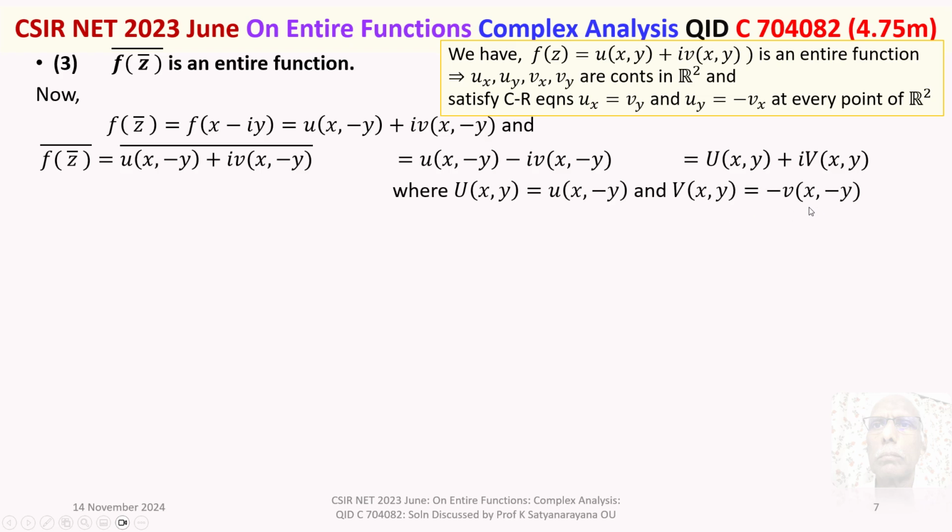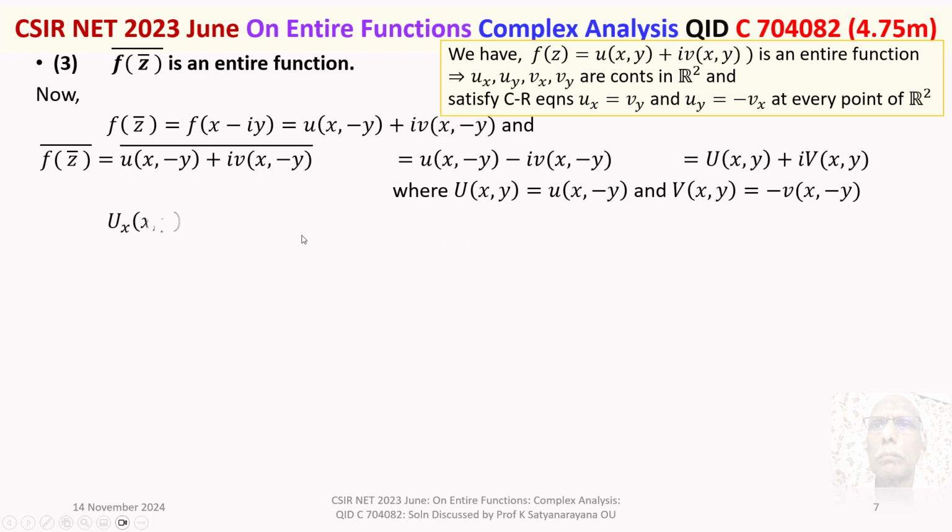Keep this in mind. Agreed. To show that the conjugate of f of z bar is entire, we have to show that capital U and capital V possess continuous first order partial derivatives and satisfy Cauchy-Riemann equations on the whole of R square.